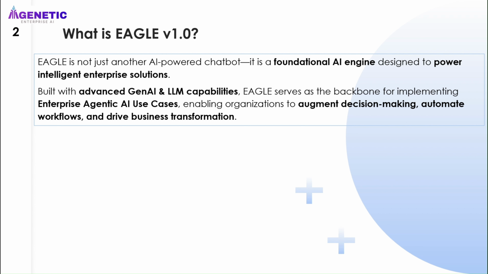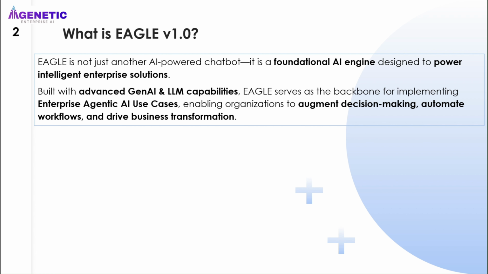What is Eagle version 1.0? So you have a lot of AI-powered chatbots. However, Eagle is not just any other chatbot. It is a foundational AI engine designed to power intelligent enterprise solutions, as we have been harping on the fact that it is for enterprises.